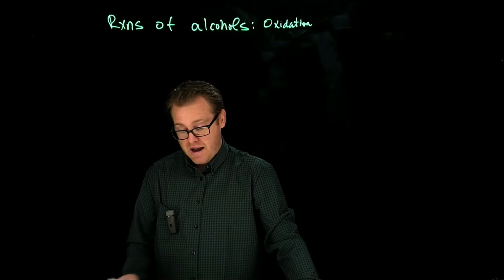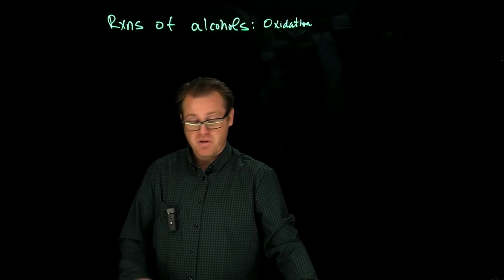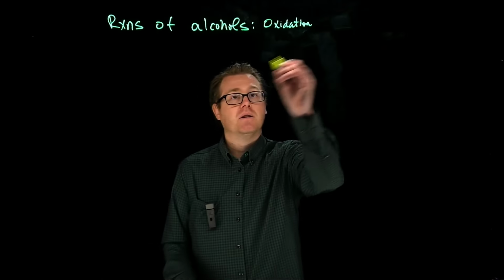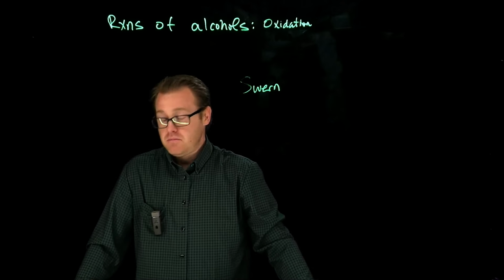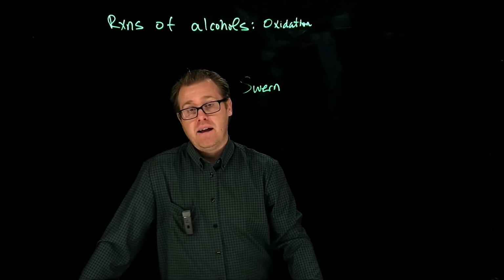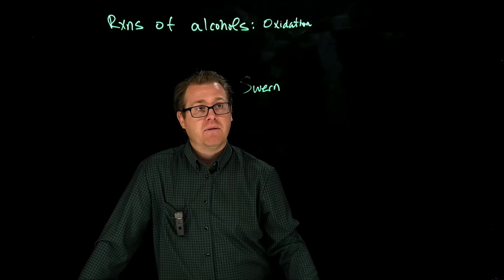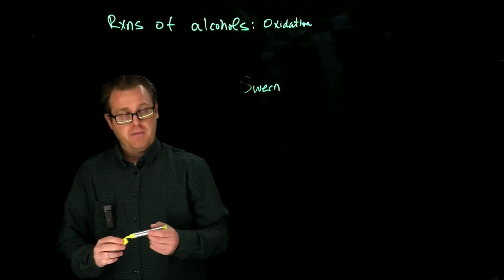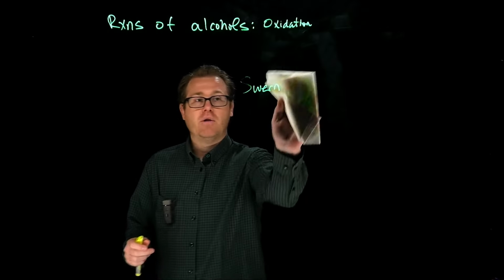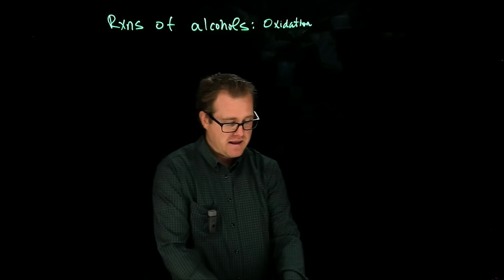Some of them I feel are more graduate level type of mechanisms. For example, the Swern oxidation. You can learn it as an undergrad, but I think it's more of a graduate level type of mechanism. Either way, you don't need to know the mechanism. You just need to know the overall transformation. That's the important thing.